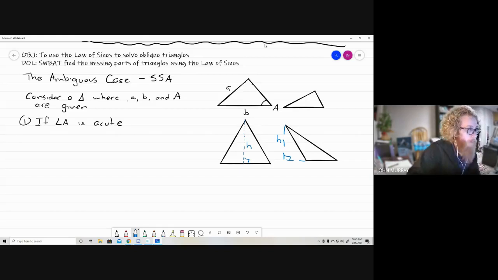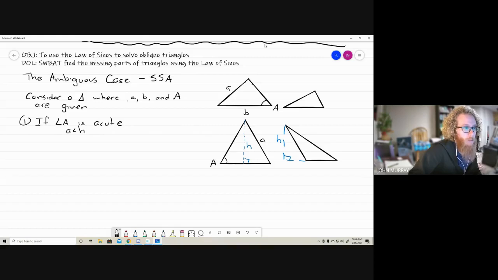Right. So if angle A is acute, I'll put it over here this time, and we have h there. If your side A is less than h, then we encounter a strange situation where we don't have a triangle.